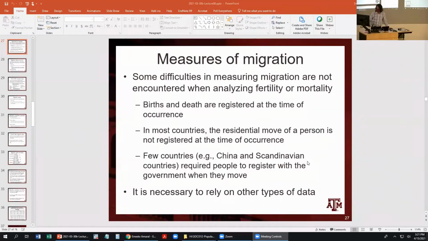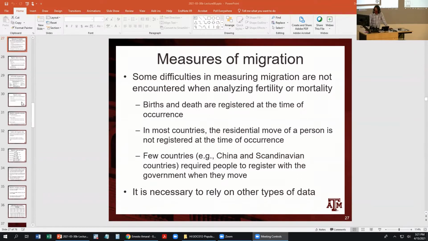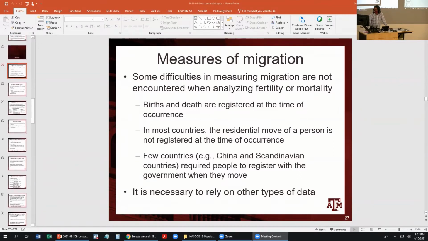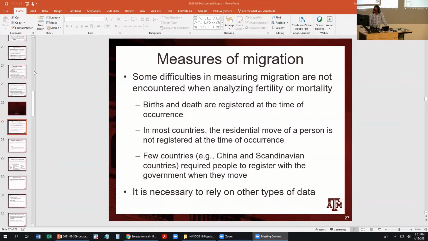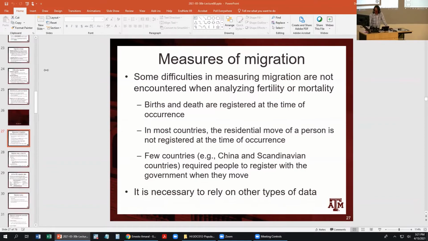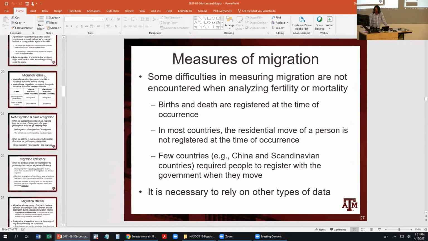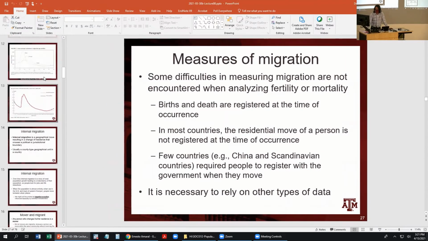Cool. So the next topic on internal migration lectures is measures of migration. I rearranged the slides a little bit and added one more slide and made some little changes, so you should download it again.